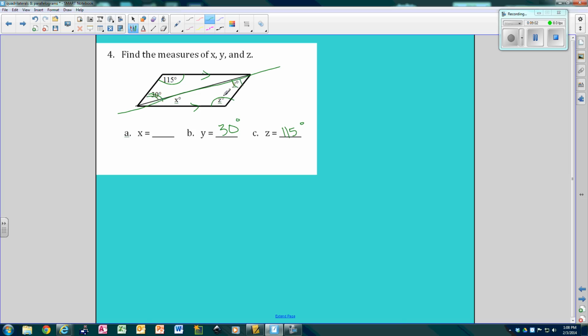Now if this is 115 and this one is 30, then this is a triangle, which has 180 degrees. 115 plus 30 is 145. If I take 180 and subtract 145, I get 35. So x is 35 degrees. Okay?